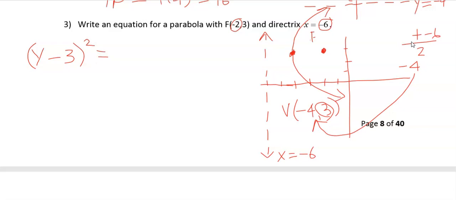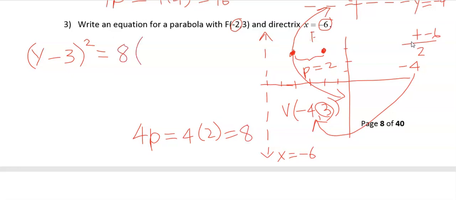That's the distance from the vertex to the focus or the vertex to the directrix. I can clearly see here that p is equal to 2, isn't it? So 4p is going to be 4 times 2, which is 8. And it's positive in this equation because the graph is opening to the right. That's a positive direction. So I just write my 8.